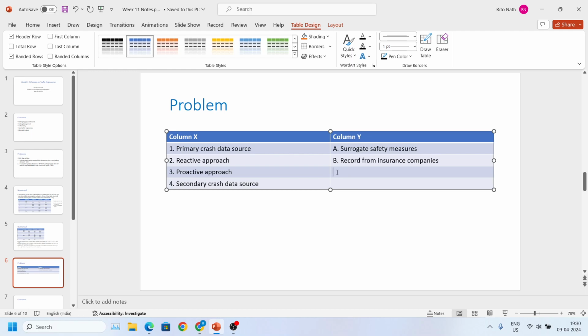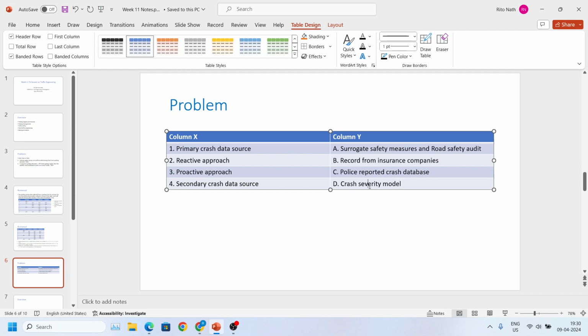You have police reported crash database. One more thing I didn't add here is road safety audit, and crash severity. So you have to match both these columns.